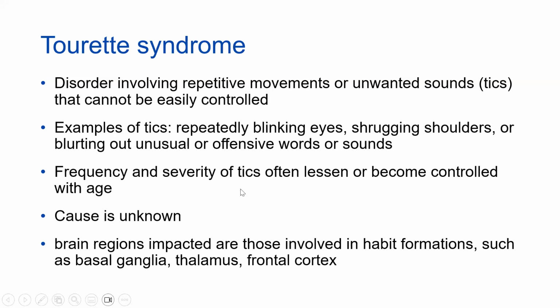The cause for Tourette syndrome is unknown, but there are multiple brain regions that are impacted, and those are all involved in habit formation, such as the basal ganglia, thalamus, and frontal cortex. And these tics could be completely out of the control of the patient. Like I said, they could become controlled with age, but in some cases they remain completely uncontrollable by the patient.